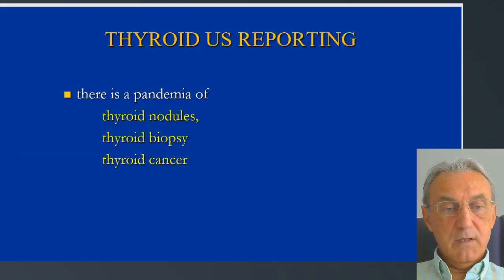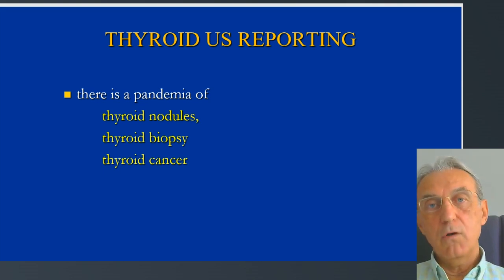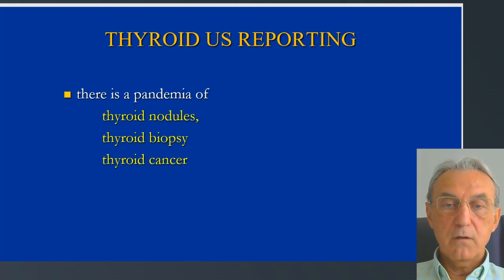The last part of my talk is about reporting. The reporting is as important as imaging, because there's a pandemic of thyroid nodules, there's a pandemic of biopsy of the thyroid nodules, and there's a pandemic of thyroid cancer because of these.